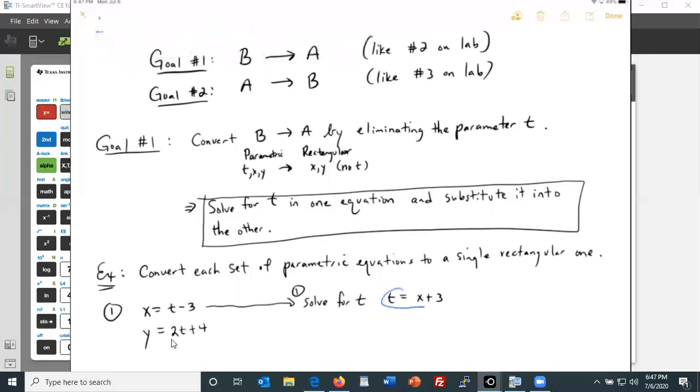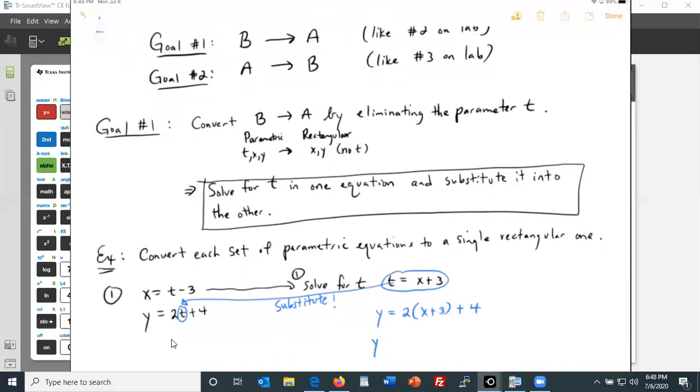All right, and that's all you have to do, and then of course simplify. So we're going to take this and we're going to substitute into the second equation. So we'll get y equals 2 times x plus 3 plus 4. Simplifying a little bit, we get y equals 2x plus 6 plus 4, and y equals 2x plus 10, which will result in our final equation.